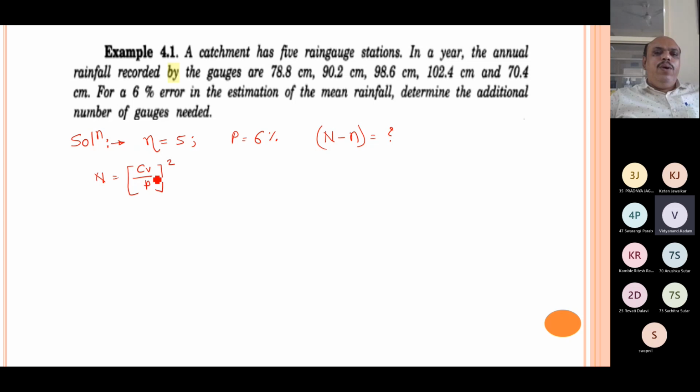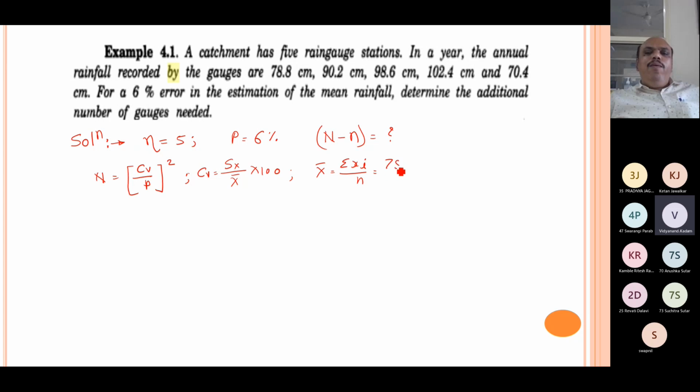P is given. To calculate CV, we know that, so you have all the formulas now in your notebook. So what is CV equal to? It is Sx upon x bar into 100. So we have to calculate now x bar and Sx. So let us calculate x bar. X bar is equal to summation of xi upon n. What is summation of xi?